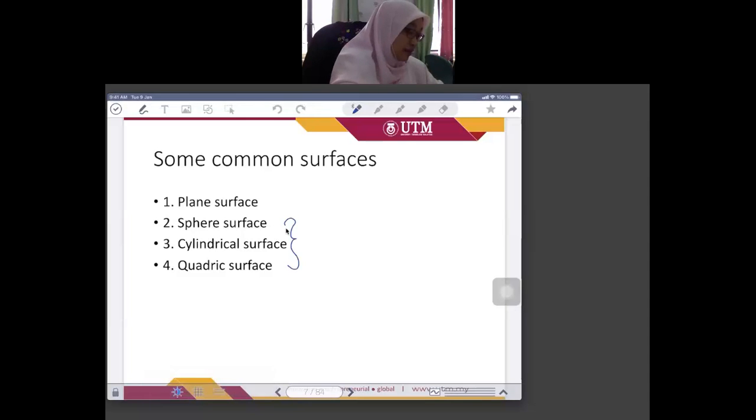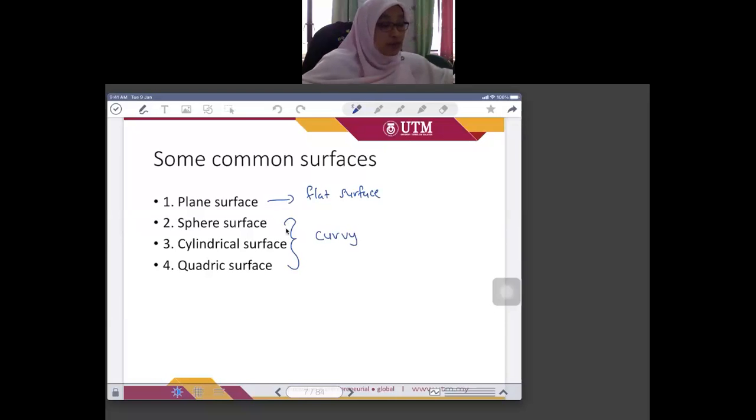This one I will say is flat, in simple words, something flat. And this one is a bit curvy. What does curvy mean? Something like a sphere. I don't have a ball here to show you. A cylinder, okay, we have this. So this is something curvy.